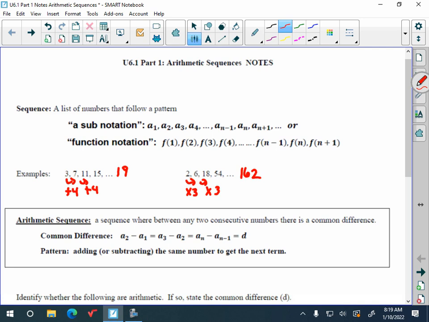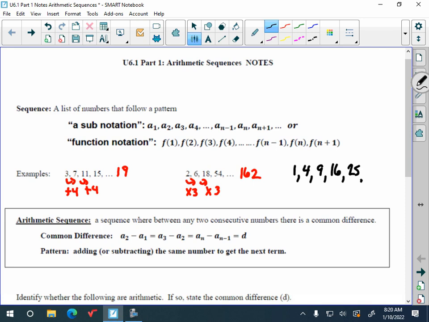I could give you another sequence, and I'm sure that you could figure out what the pattern is and how to get from one term to the next. So let's see. How about if I gave you this? What would the next term be? Yeah, good.